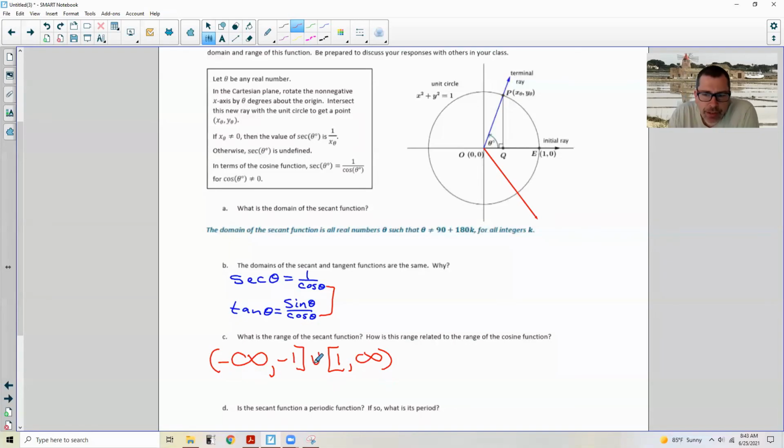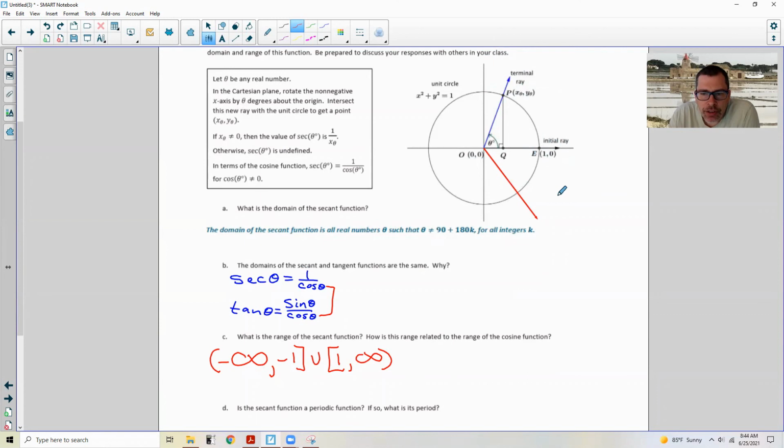Okay, and what this really has to do with is not just the rotations, but what is the y value? The y value is going to be your radius, if you will. So if I have a unit circle of 1, my range is 1 to -1. But if I had a radius of 2, my range would be 2 to -2.